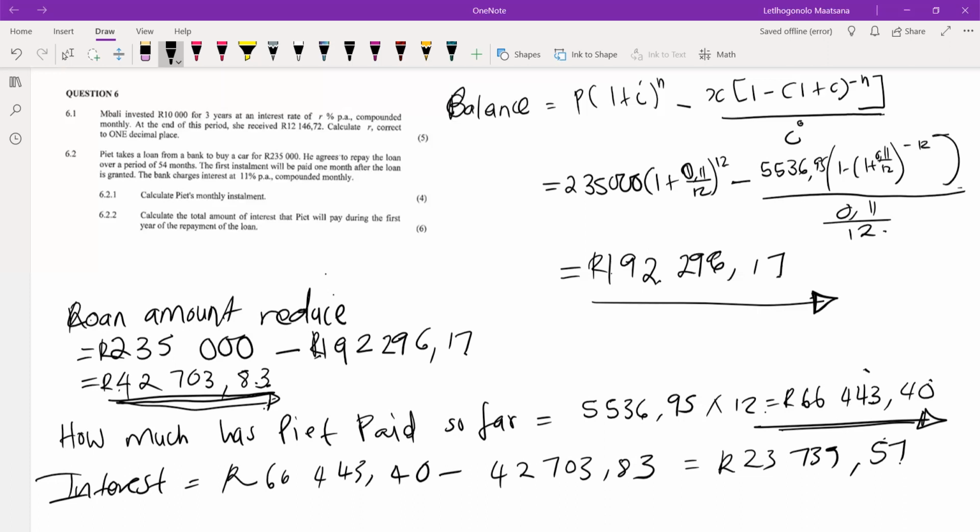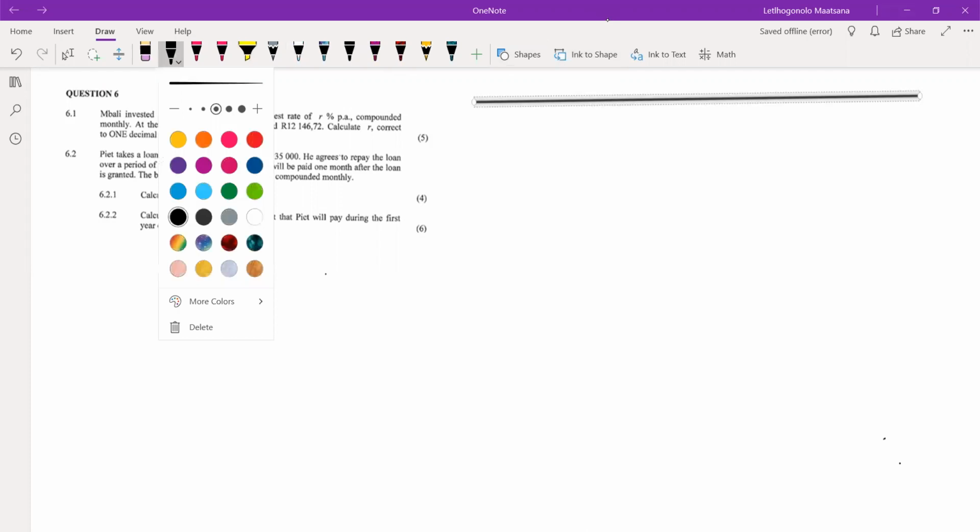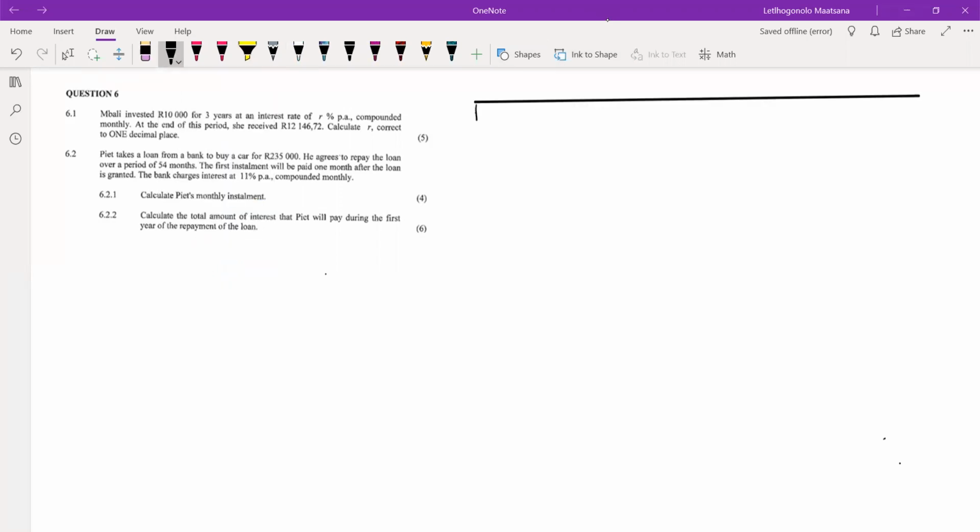Now, let's look at the other method. So, in method 3, what they did is, let's draw a timeline to imagine this. So, here is Pete borrowing the money here. And what they want to do is they want to pretend as if Pete did not necessarily pay those 12 months.